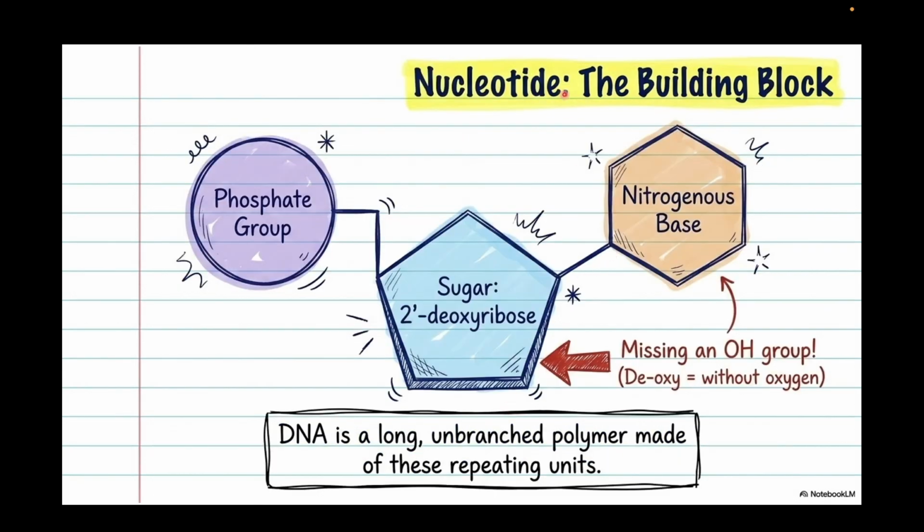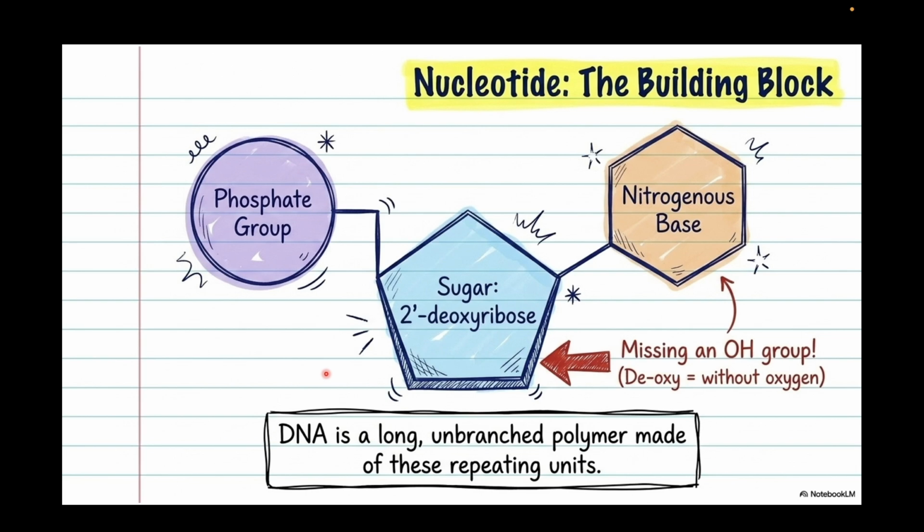Now the question comes, what is DNA made up of? So what are the building blocks of DNA? DNA is a long polymer of repeating units of nucleotides. Now what are nucleotides composed of?